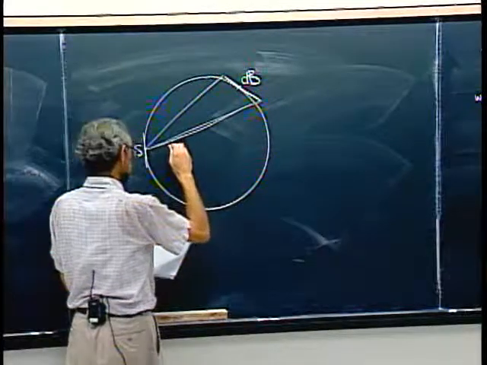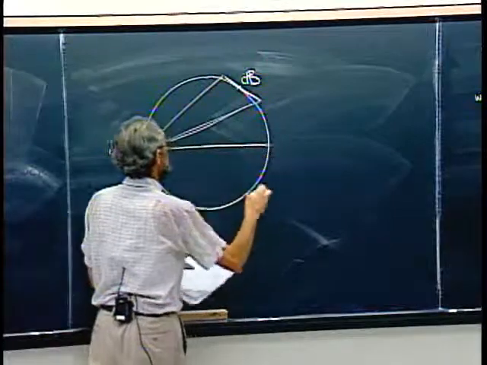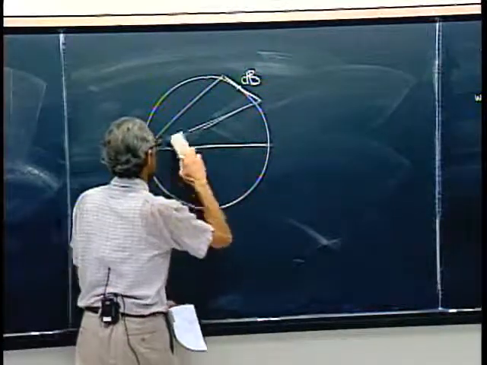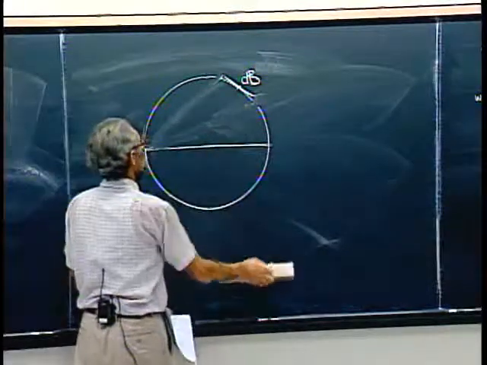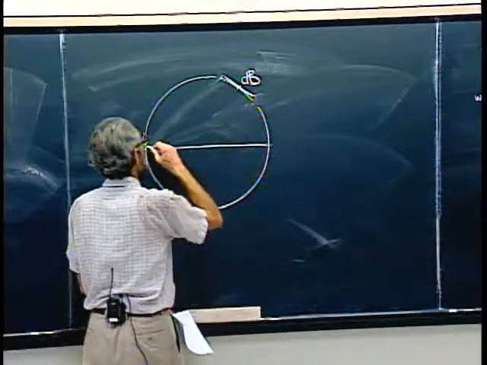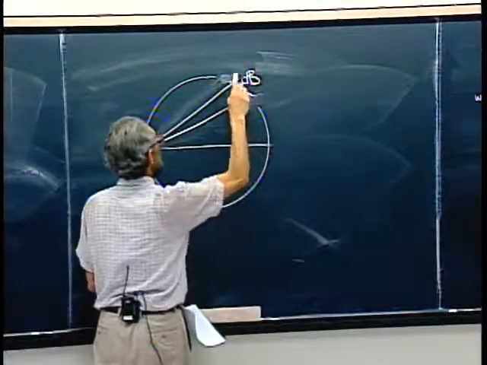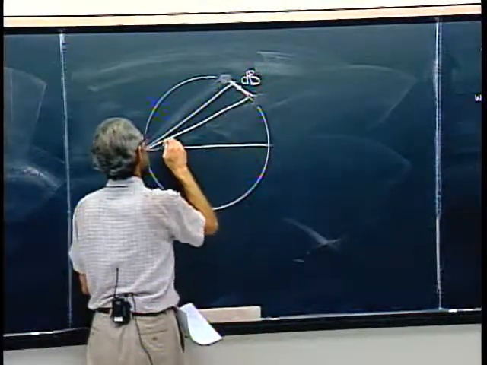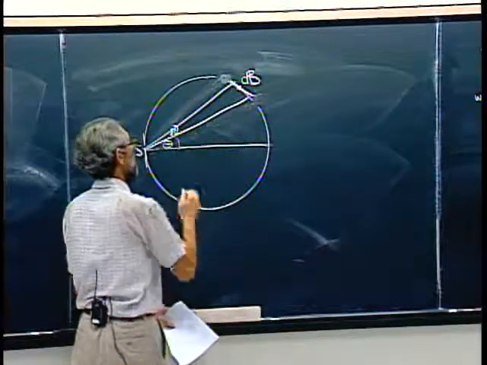If I measure from the center of the sphere, maybe I better make my dB smaller, otherwise it looks like I don't have a unique angle. Really, I have a very small angle, angle theta, measured this way, and here is a d theta there.